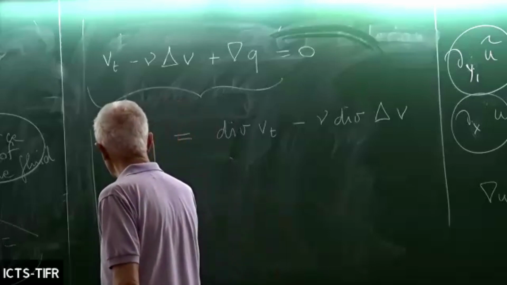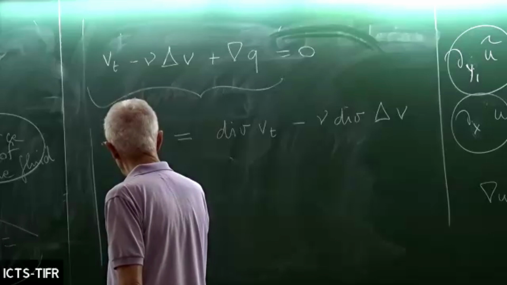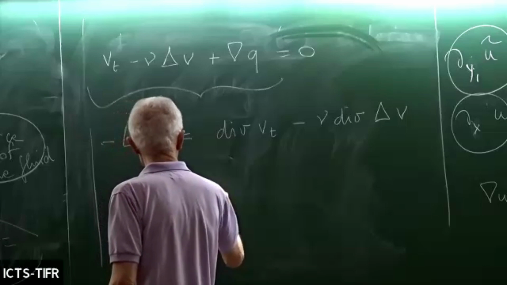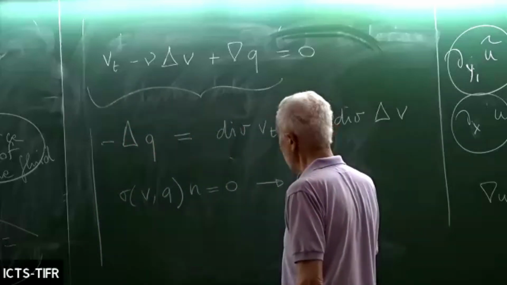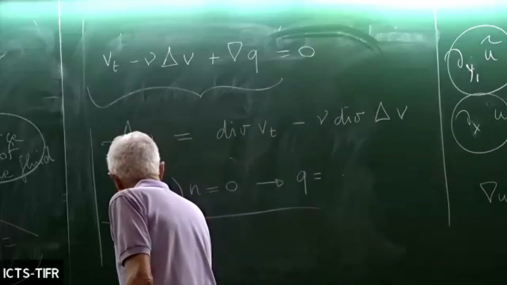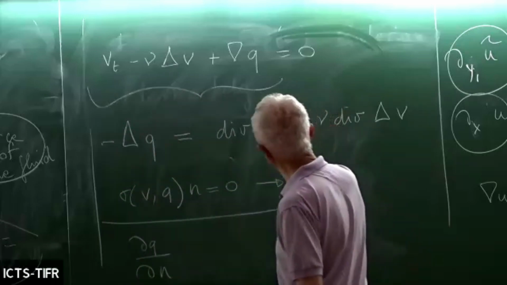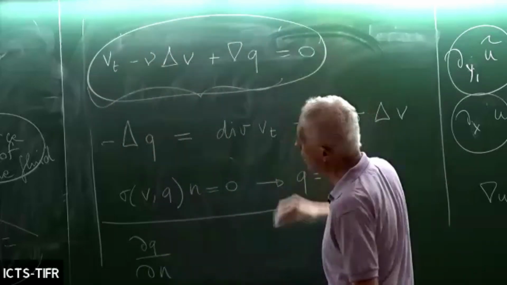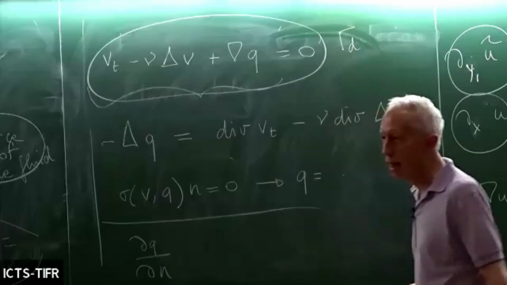Okay, on the part where I have V dot n equal to 0, I obtain a Dirichlet condition for Q. And on the other part, I have to take into account a Neumann boundary condition. So how am I going to take the Neumann boundary condition? I assume that this is valid up to the boundary gamma d.